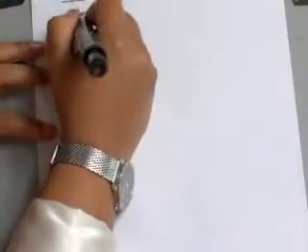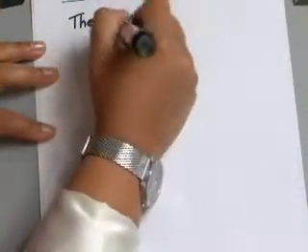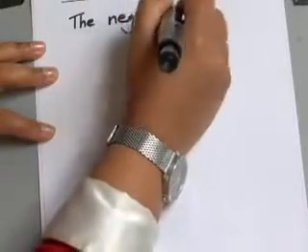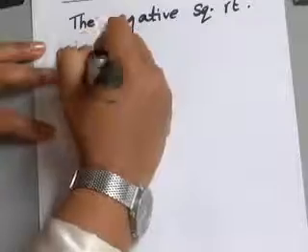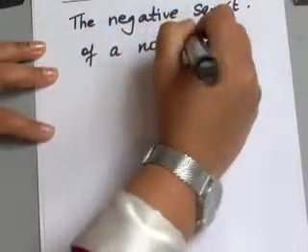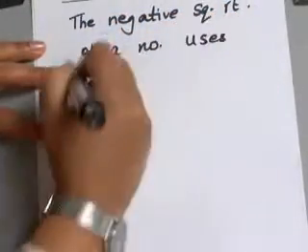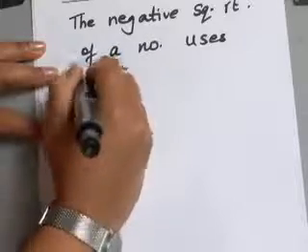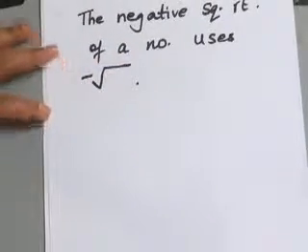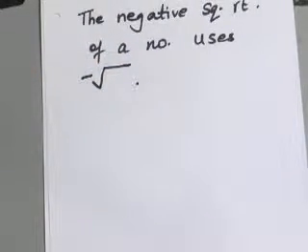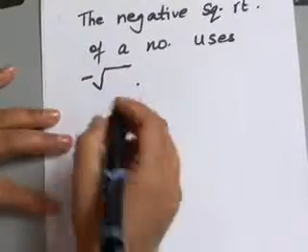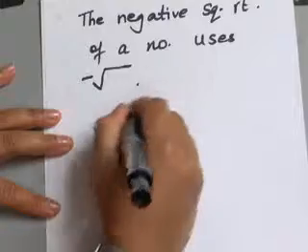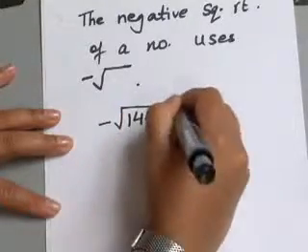So for your negative square root, as I was saying, you will use the square root symbol but put a negative sign, and that tells us you're trying to find only the negative square root, and you're not interested in finding the positive one. I'm going to use the same number here.